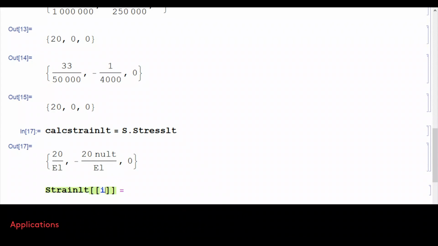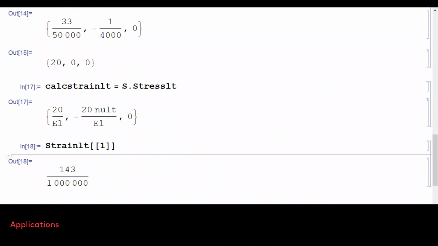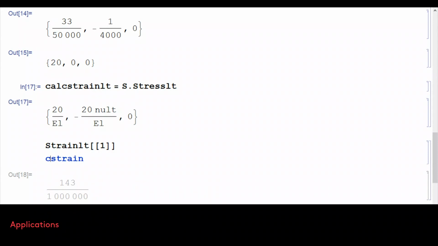So the first component, for example, has to be equal, where the i here is the index. Let me show it like this, maybe that's better. So strain 1 is this one, and calculated strain 1.